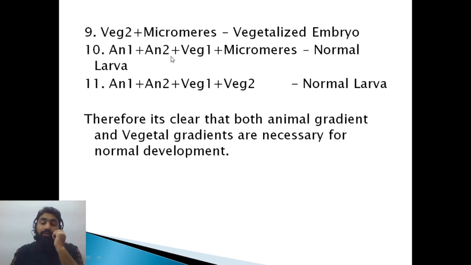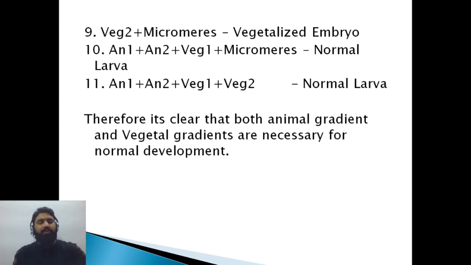AN1, AN2, Veg1 and micromeres: normal larva, because it contains both the animal gradient and vegetal gradient. Then AN1, AN2, Veg1 and Veg2 also produced a normal larva because it contains both the animal gradient and vegetal gradient. So it is clear that both the animal gradient and vegetal gradient are necessary for normal development. The first experiment is over.